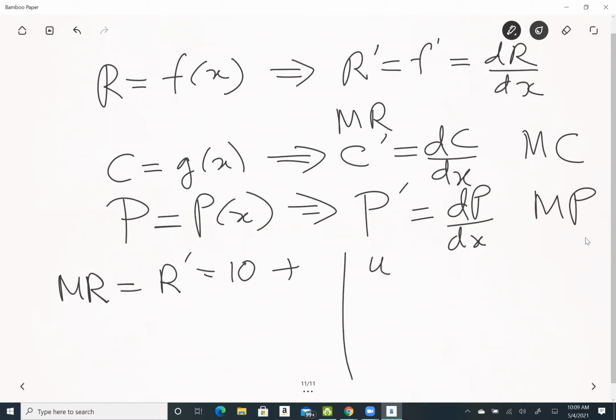So let u be equal to 100x, and then u prime is equal to 100. And then v is the denominator, 3x plus 5, and then v prime is equal to 3.